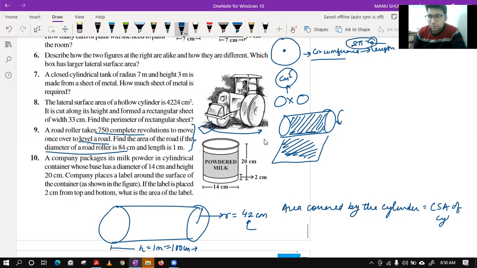Please tell. What is the curved surface area of a cylinder? Please tell what is the curved surface area if r is the radius and h is the height of the cylinder.